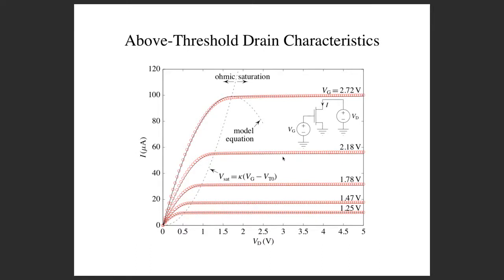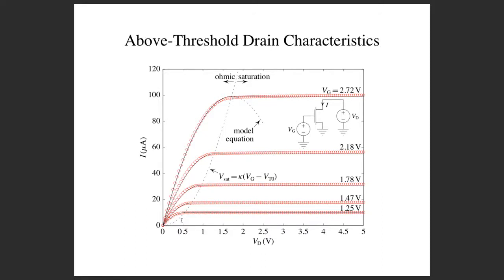Unlike in weak inversion, where the saturation voltage, which is the boundary between the ohmic and saturation regions, is constant at about 0.1 volts, 4 or 5 thermal voltages, with strong inversion operation we find that it takes more voltage across the transistor to saturate it the further up in strong inversion you go.